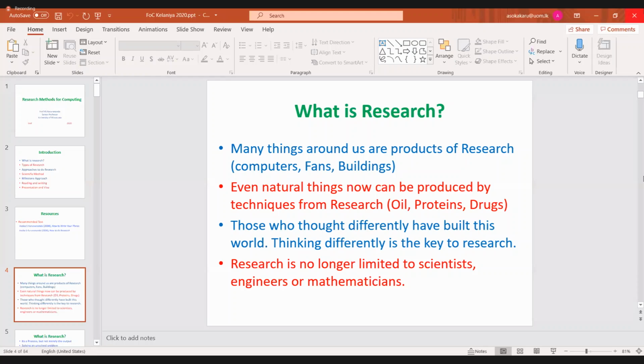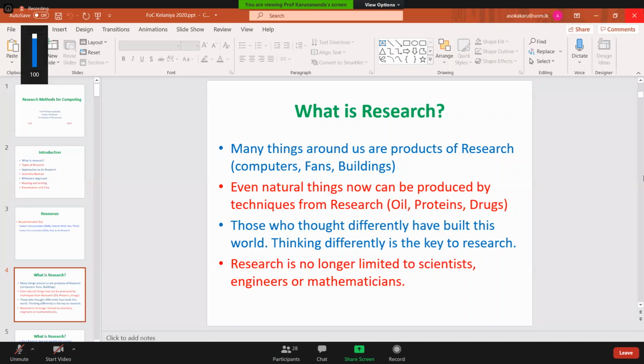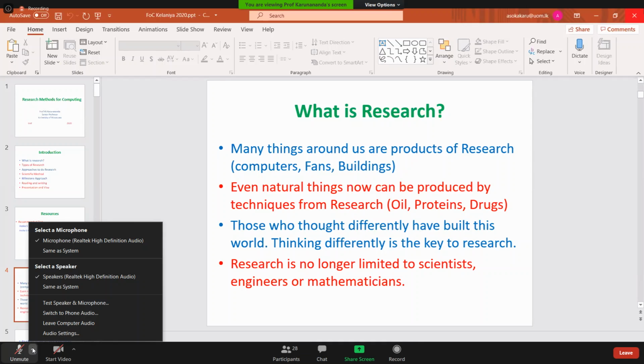But actually, the interesting thing is the second point. Even though these are natural things, they can also be produced by using theories from research. Very important sentence again: even the natural things can be produced by theory from research.